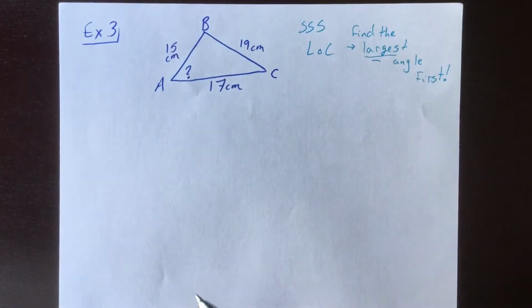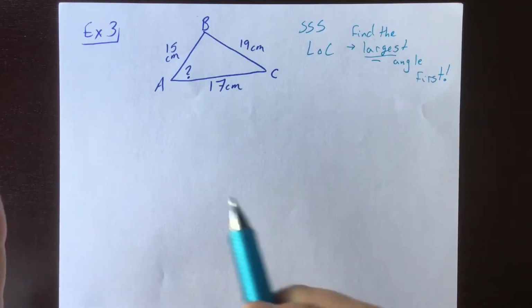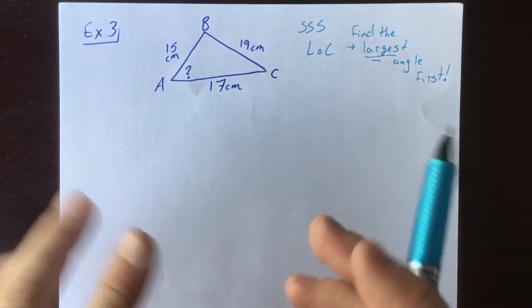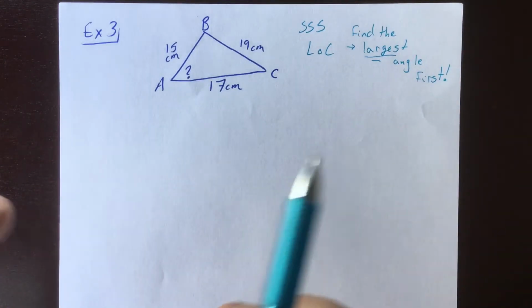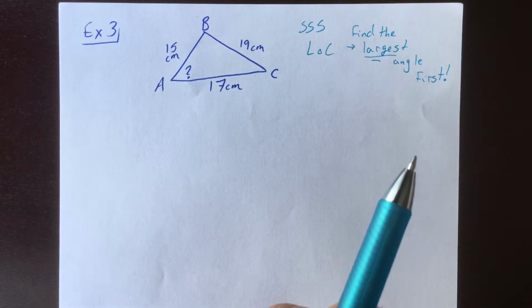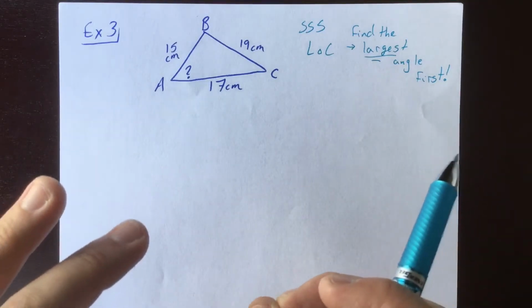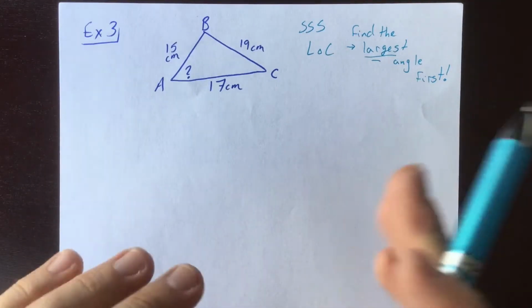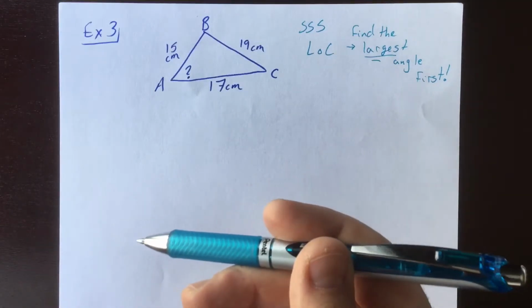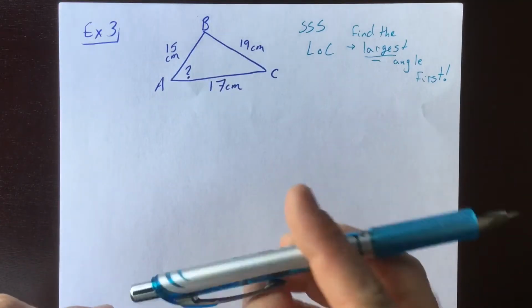law of cosines will recognize obtuse angles. If you think back to the range of the inverse cosine and inverse sine, inverse cosine went from 0 to pi, whereas inverse sine went from pi over 2 to negative pi over 2.